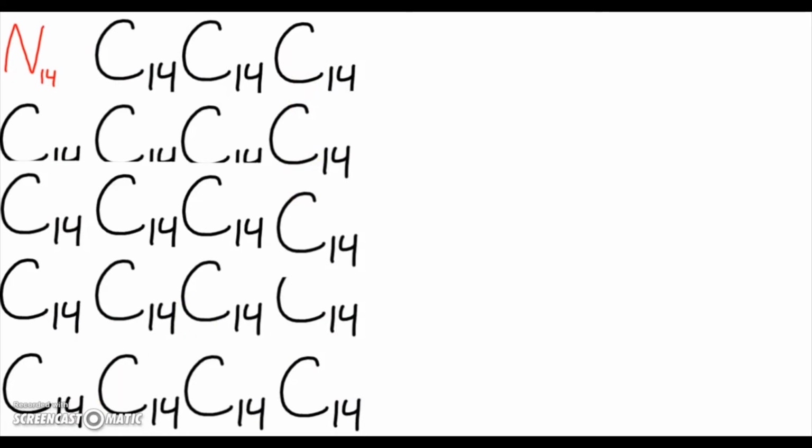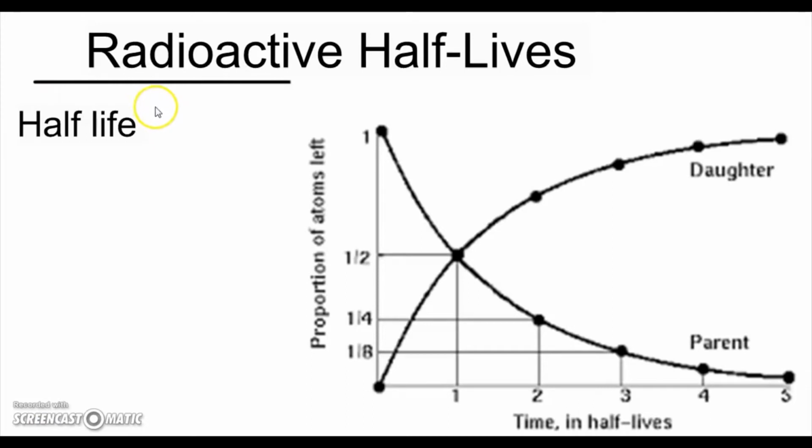But then people die. I'm sorry to tell you. And you stop eating carbon. Now, over time, this stuff is going to decay at a predictable rate. This is the point where we look at the next page and we talk about half-lives.